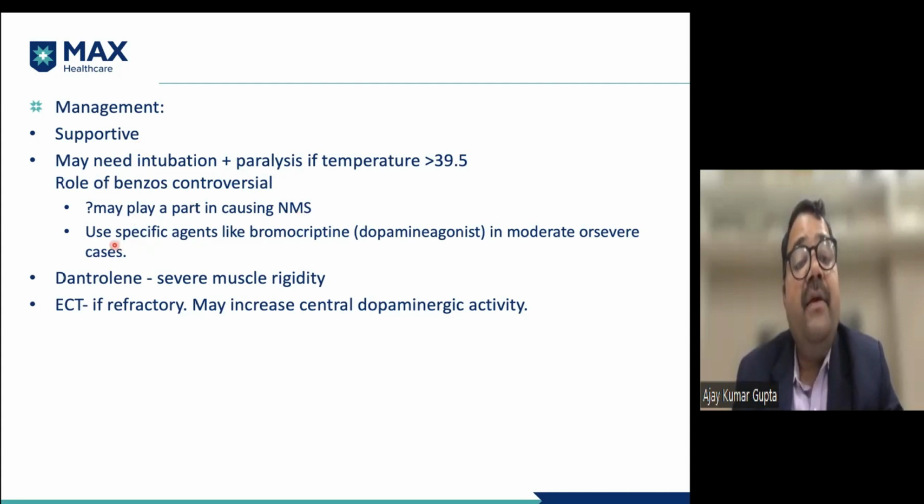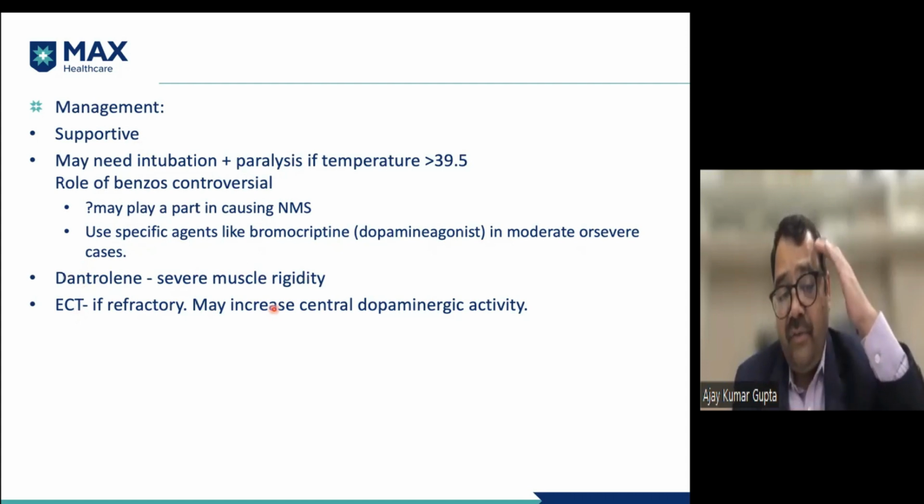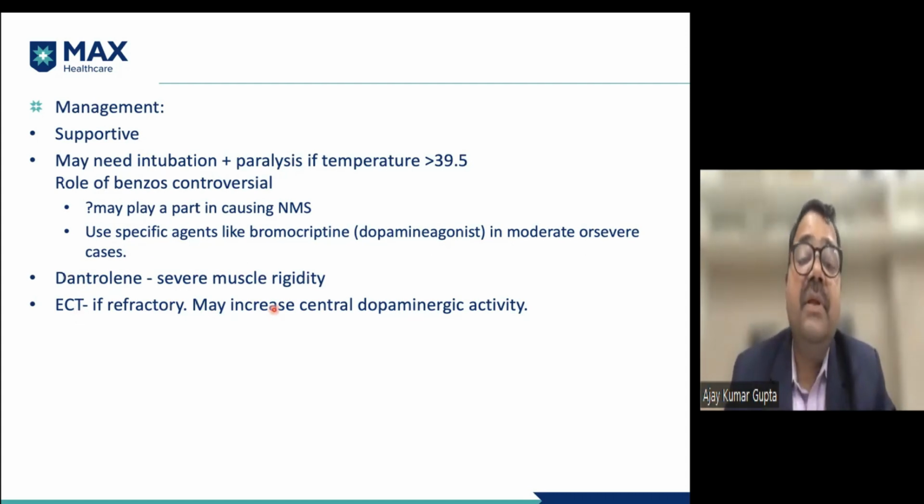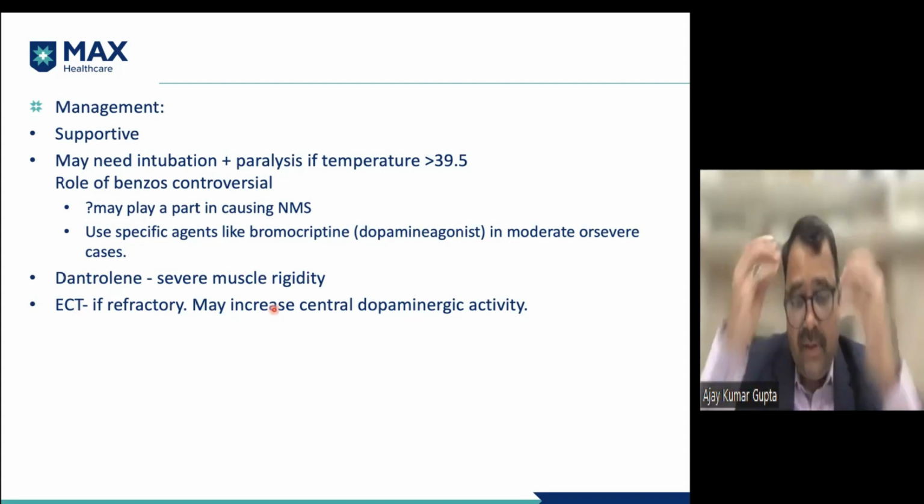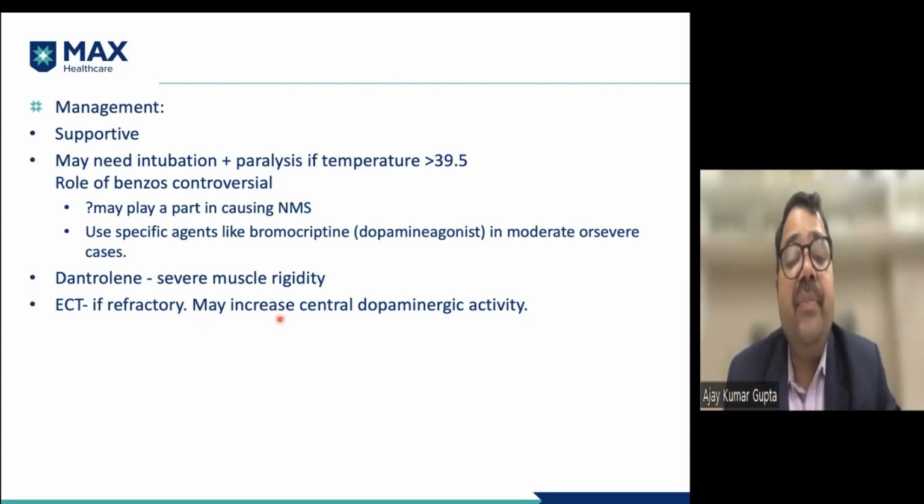And the use of specific agents like bromocriptine or the dopamine agonist in moderate or severe cases, and then the dantrolene in severe muscle rigidity is used, and you may need an ECT if the patient is refractory. ECT is electroconvulsive therapy. Earlier they used to say we will have to give a current, that electroconvulsive therapy. This may increase the central dopaminergic activity.